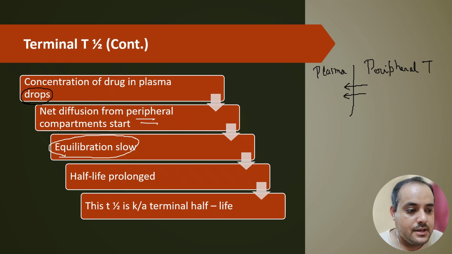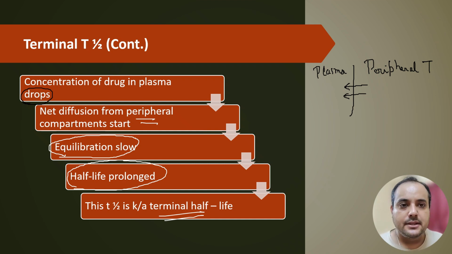So now the half-life of the drug will be prolonged because of the time taken to equilibrate, and then again it will be lost from the plasma after equilibration. So now the half-life will be prolonged. This prolonged half-life is known as the terminal half-life.